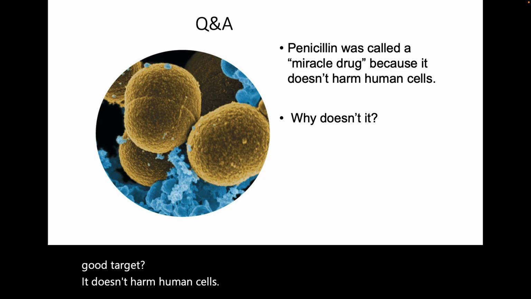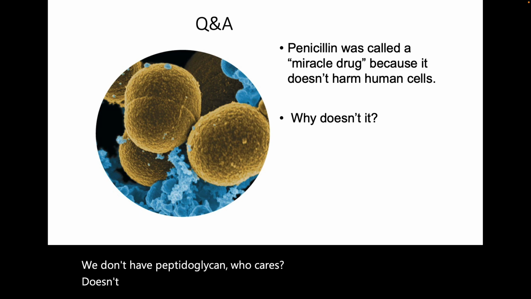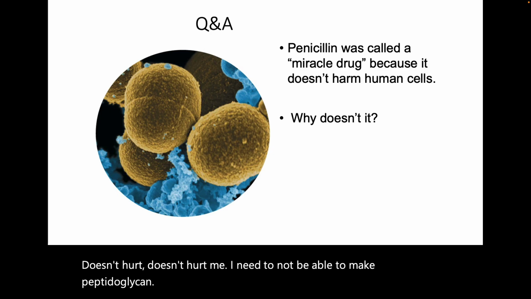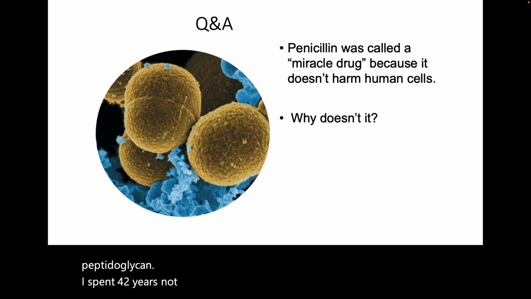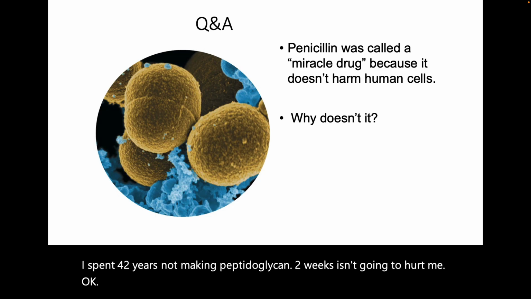We don't have peptidoglycan. Who cares? Doesn't hurt me any to not be able to make peptidoglycan. I've spent 42 years not making peptidoglycan. 2 weeks isn't going to hurt me. Okay? And however old you are, you spent that many years not making your own peptidoglycan, so you'll be fine.